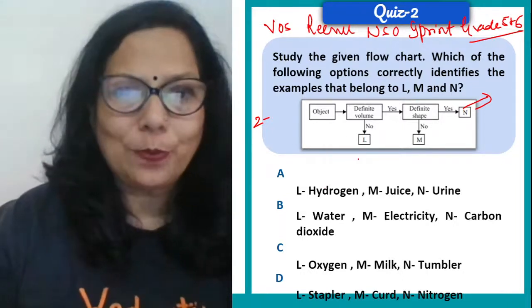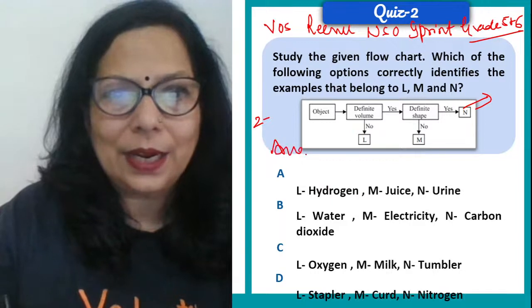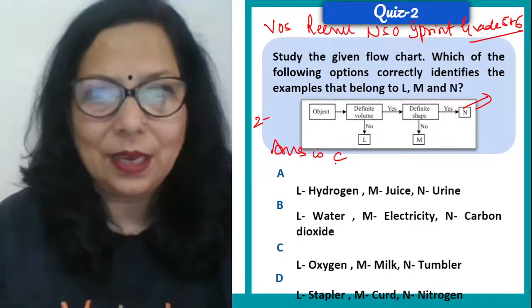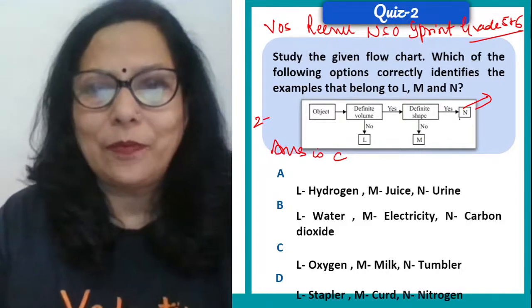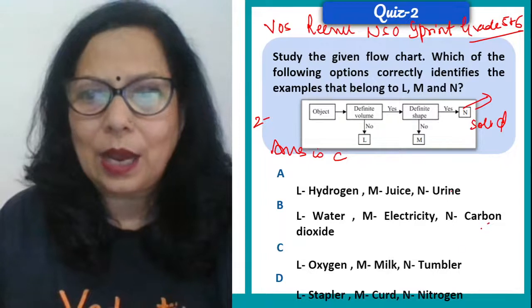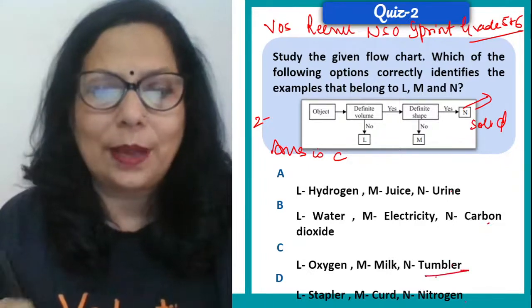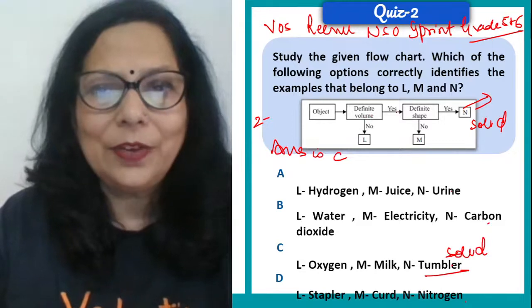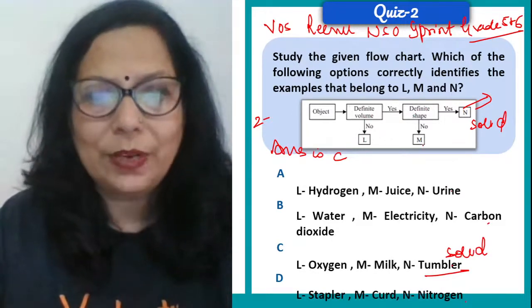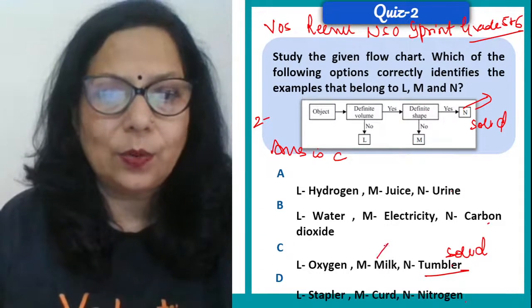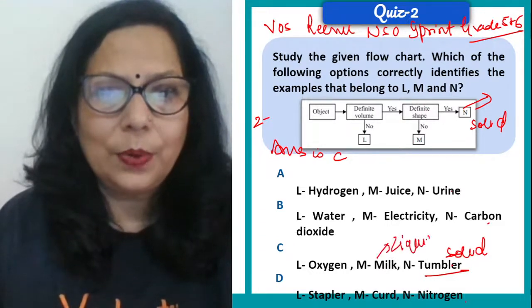So let us check what should be the answer. The answer is C, children. Why? Definite volume, definite shape, that is solid. So search for urine, carbon, tumbler, nitrogen, which is solid. Tumbler is solid. Then it has definite volume but no definite shape, so definite shape is not present in a liquid.